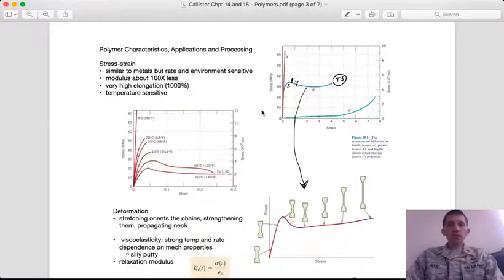Mechanically, polymers can also span a wide range of moduli and strain behavior. So we saw here already that you can have quite ductile behavior, and that would be for thermosets, which we'll talk about. I guess we already have somewhat. Thermosets are more brittle at lower temperatures.